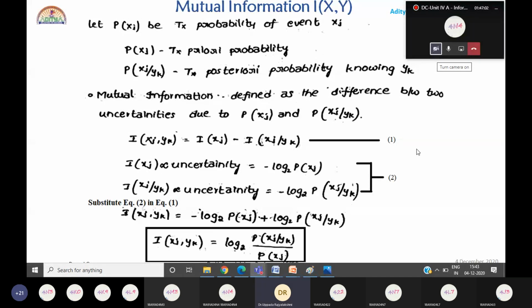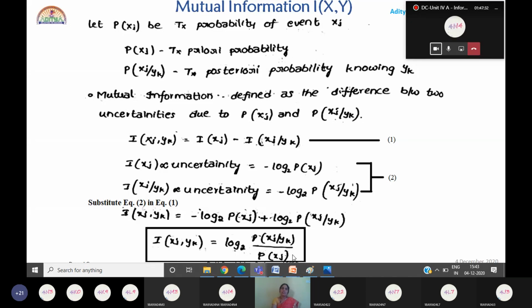Take 2 minutes time and complete the derivation, and you should get I of yk comma xj as log P of yk by xj divided by P of yk, base 2.